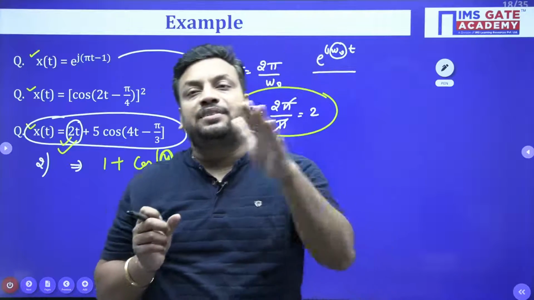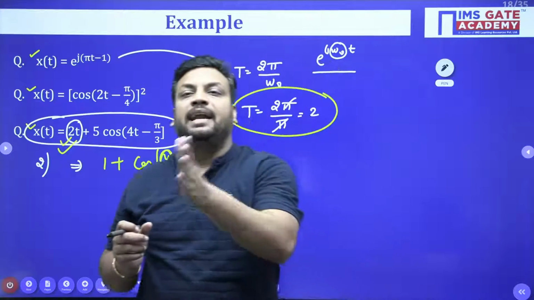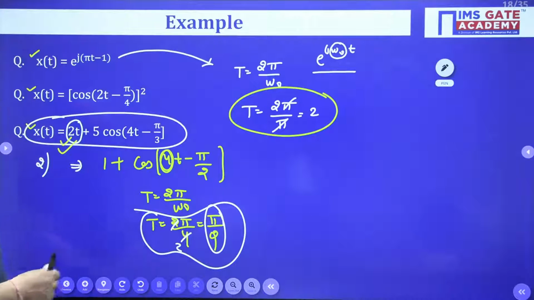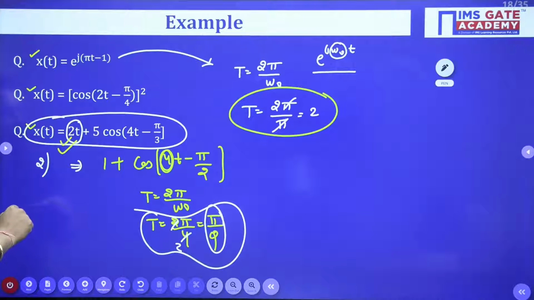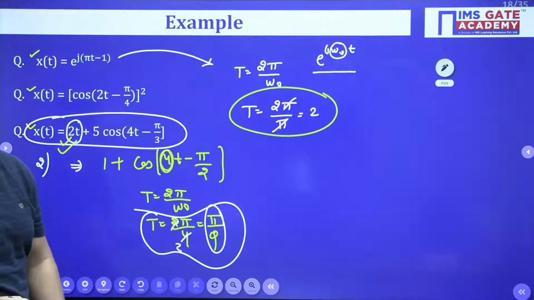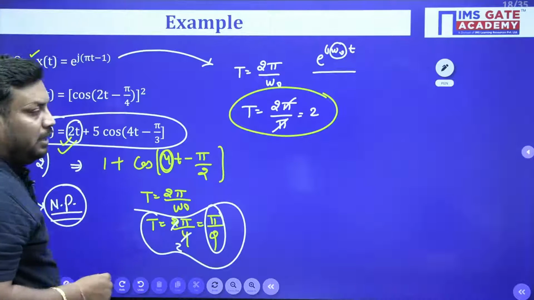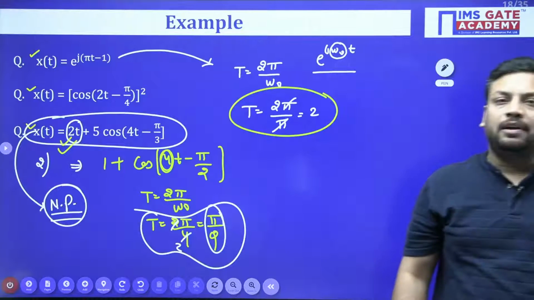It means addition or subtraction of a DC term does not make any change in the fundamental time period. But here the term 2t is linear in nature, so it will affect the periodicity of the signal. So this third signal is a non-periodic signal. Very good. Shabash. Very nice.